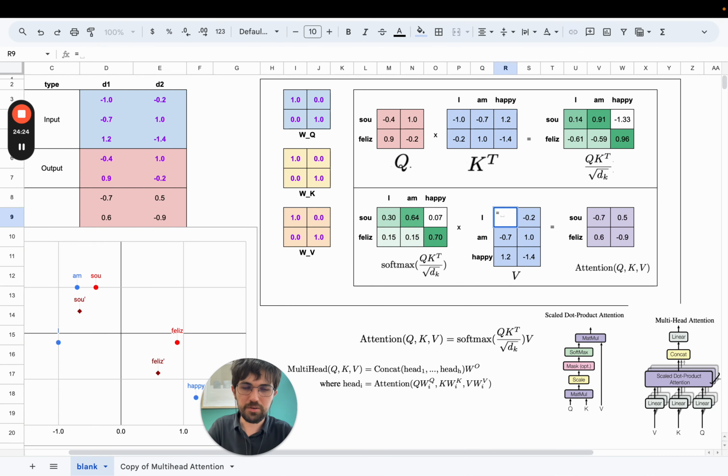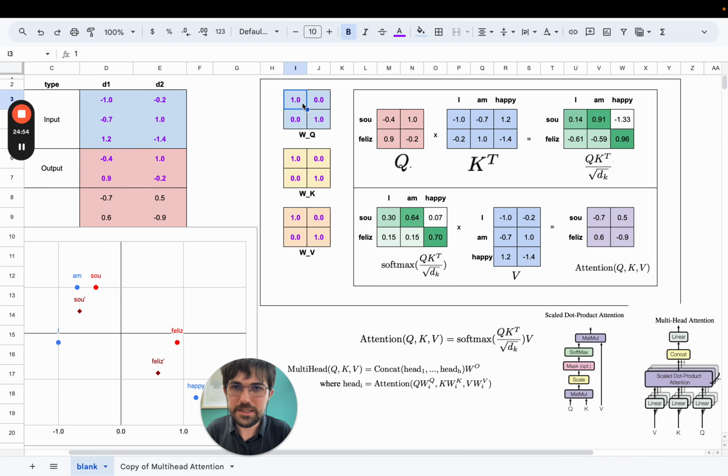So let me calculate the matrix multiplication of my inputs and the weights here, and now this is just a linear transformation to send those original embeddings to different shapes. And here we can even visualize what would be the impact.